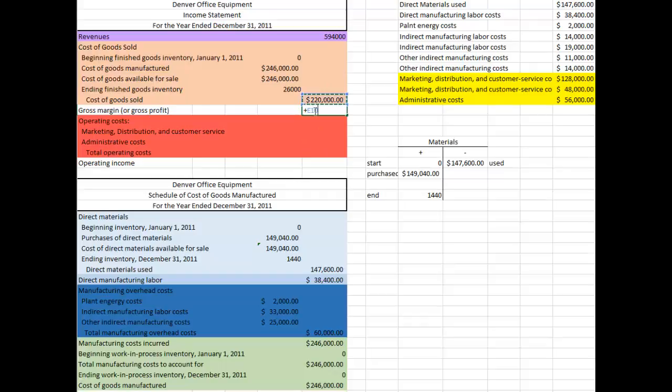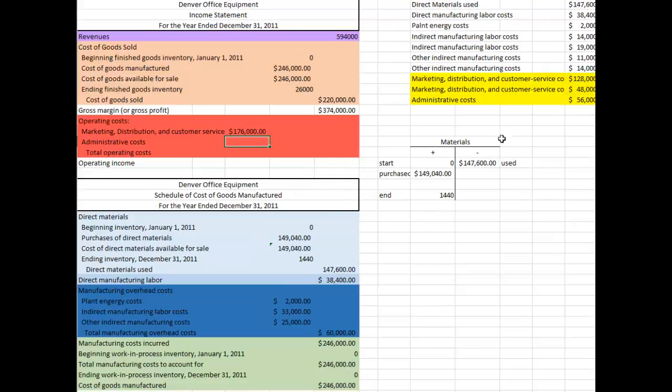So my gross margin is my revenue minus my cost of goods sold. And then I peel out these, remember these are period costs. These operating costs here are listed here in the yellow. We ignored those before in our prior computations and the prior portions of the problem. My manufacturing and my marketing and distribution customer service costs are these two added together, which are both the variable and the fixed.